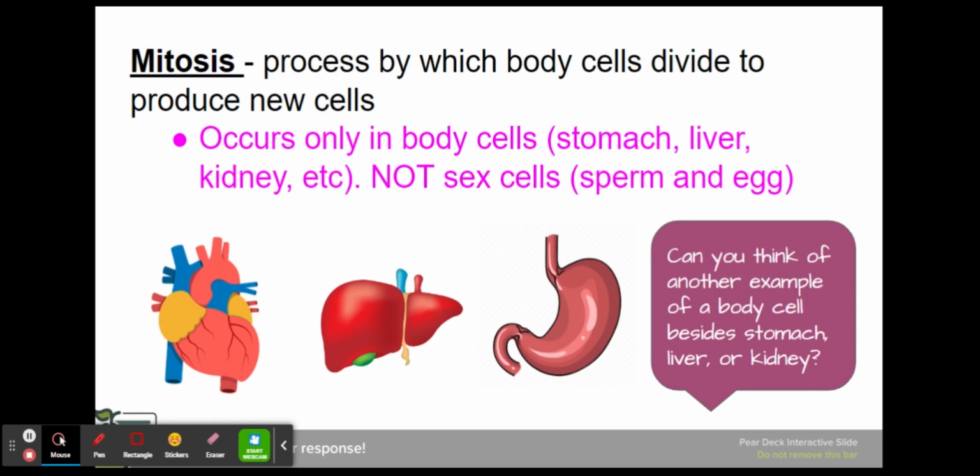So can you think of another example of a body cell besides a stomach, liver, or kidney? Maybe you said blood cell, brain cell, muscle cell, eye cell. Those would all be examples. Heart cell.